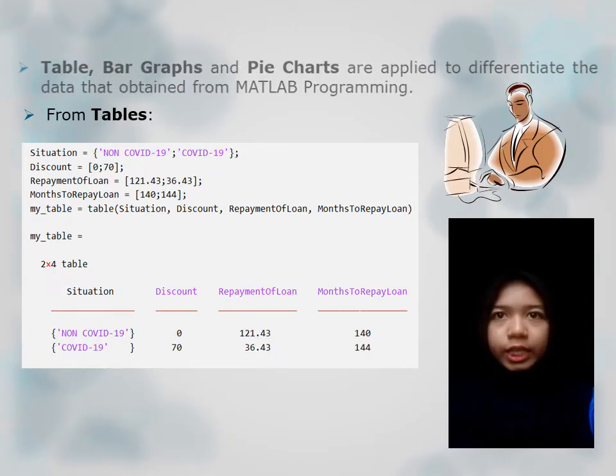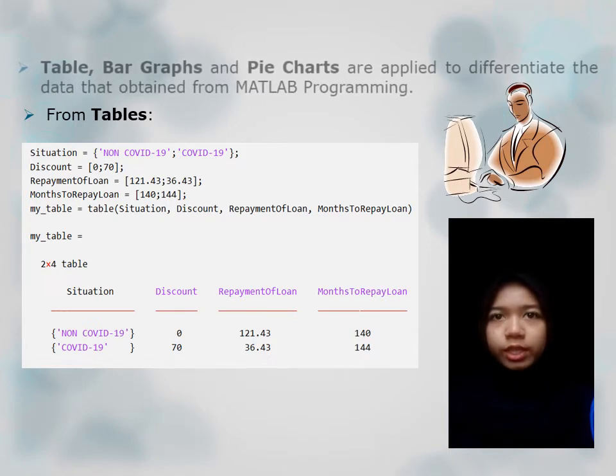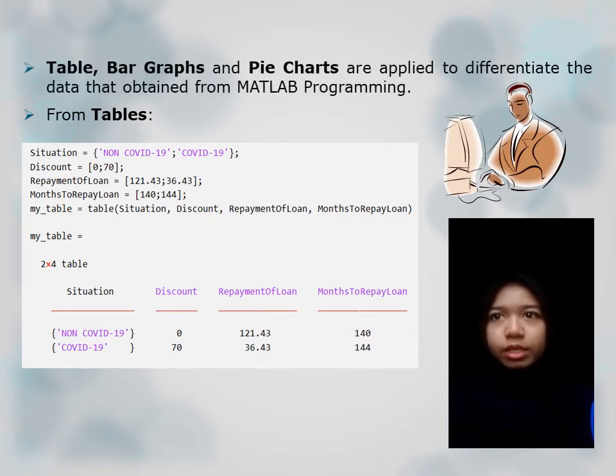From the table, it gives information about the percentage of discount that the holders need to pay in a month during a 6-month period. There is about 70% off for the presence of COVID-19 and 0% for the failure of COVID-19. While the repayment of loan during COVID will be 36 ringgit 43 cent and 121 ringgit 43 cent for non-COVID-19.